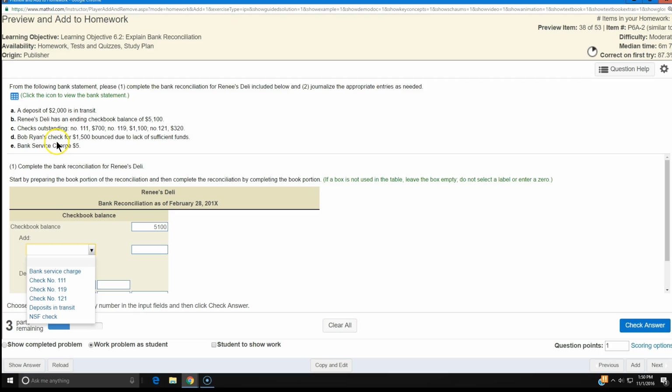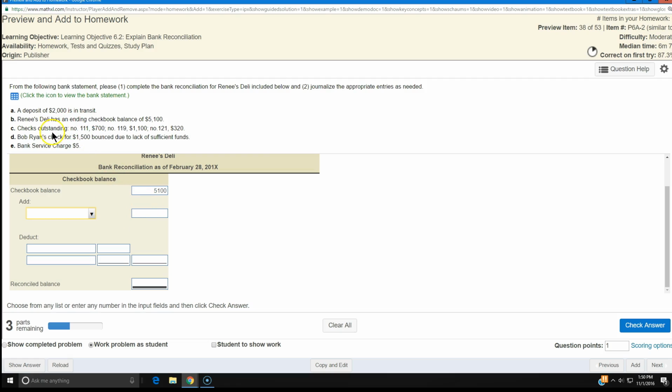You got Bob Ryan's check, $1,500. That's one of our customers, returned due to lack of sufficient funds. We deposited this guy's check and got credit initially, but then the bank turned around because they could not collect the funds from Ryan's account.